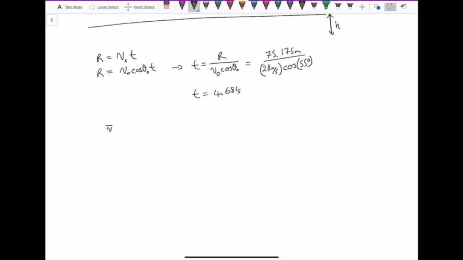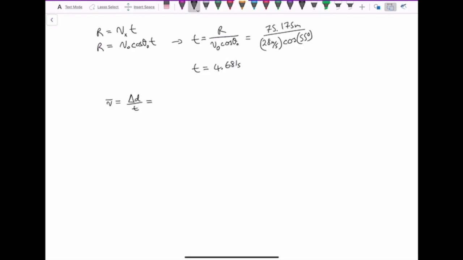So if we have the time, we can solve for the average velocity. The average velocity is going to equal the change in distance over time. The change in distance of the outfielder is final distance minus initial distance, which is basically distance over time, and that is equal to 32.048 meters divided by 4.681 seconds.